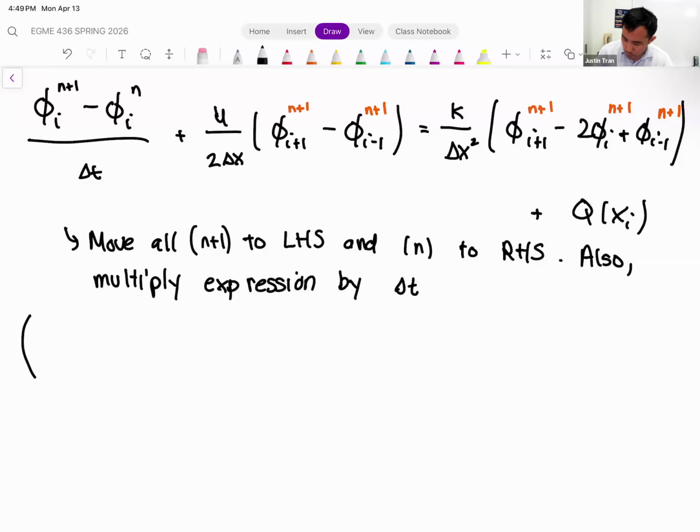Okay, so on the left-hand side, first we have the coefficient for phi i minus 1 at n plus 1.